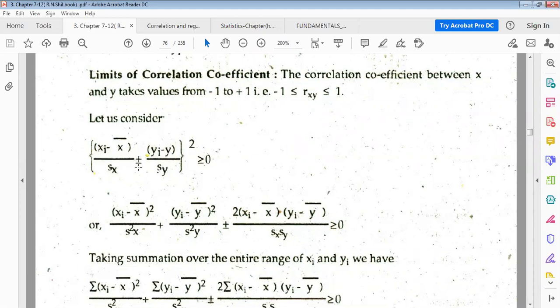So (a plus b) whole square or (a minus b) whole square, you must know this formula: a square minus 2ab plus b square, or a square plus 2ab plus b square. Just expanding this formula, we get this, here with plus and here with minus. This will be non-negative.